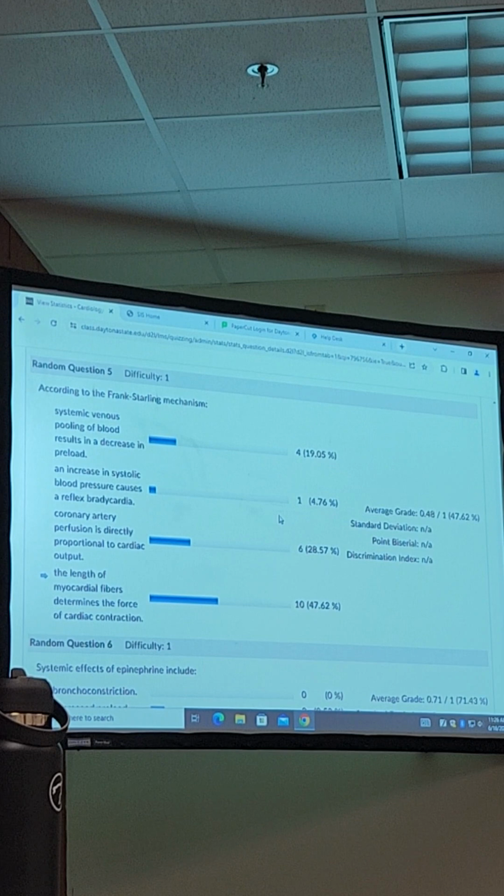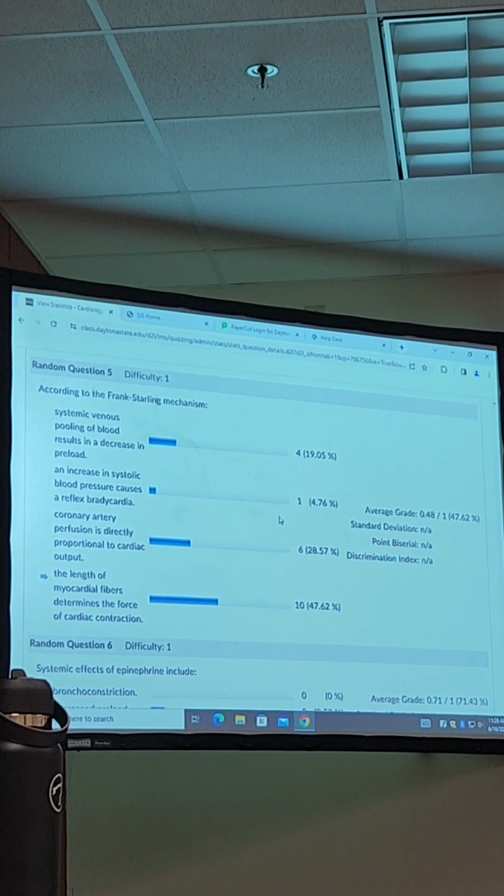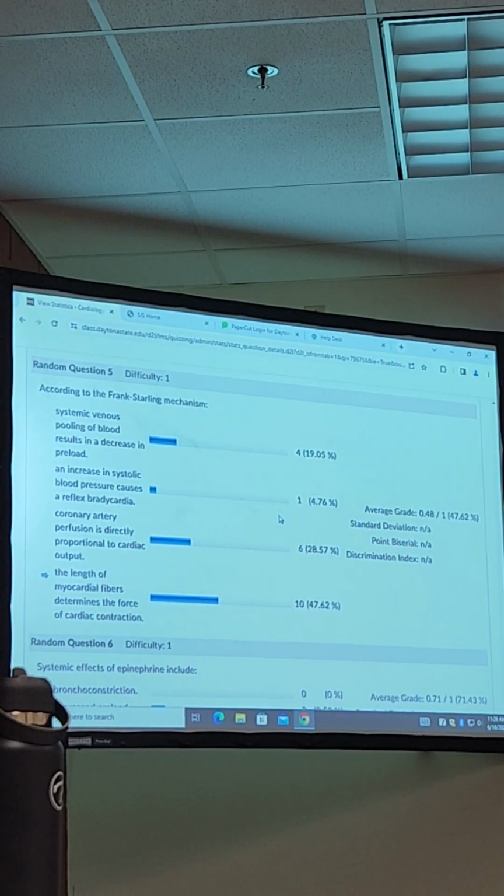The stretch, the rubber band, right? Venous pooling of blood results in a decrease in preload. Is that Frank Starling? No. Increase in blood pressure causes a reflex bradycardia. That's Cushing's.